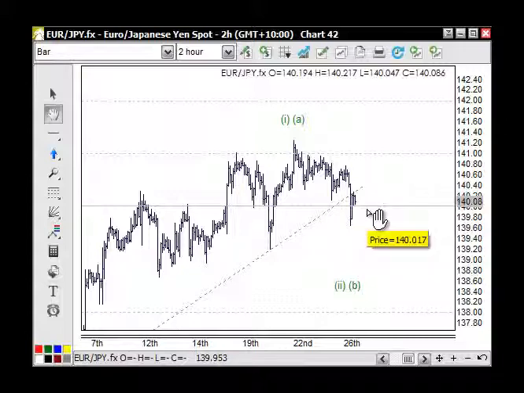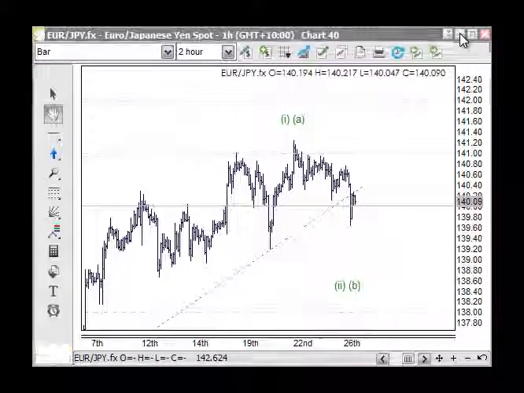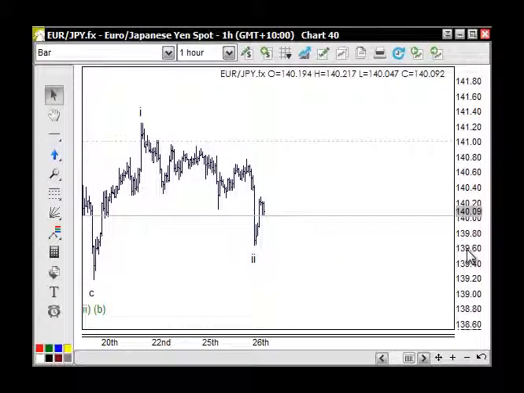If it retested as resistance, that would obviously see further downside from that point, but as it stands, it's sticking to that 140 there, and can push a bit higher in little 5 waves up, like the pound yen was looking at as well. But look, if you're going to go long here, it would have to be up at 140.50 here. Otherwise, we're looking for further selling pressure to the downside.